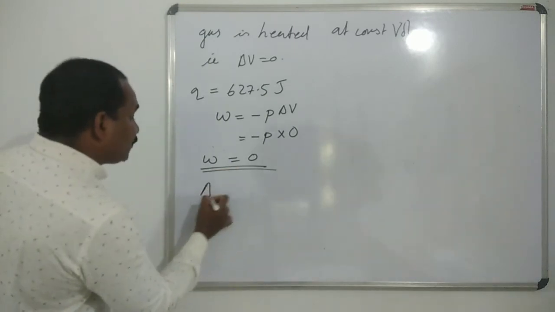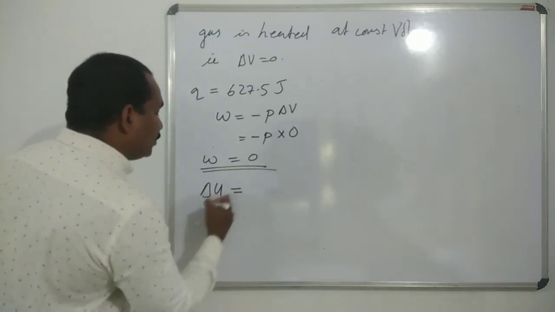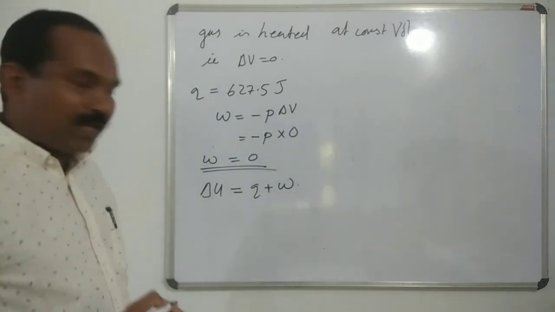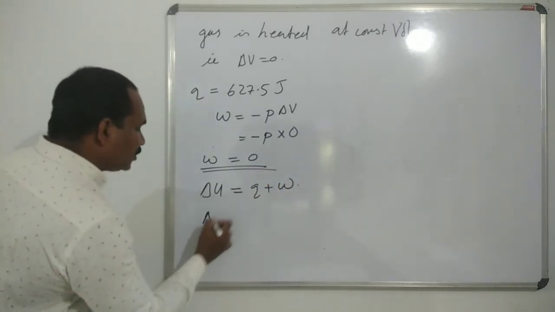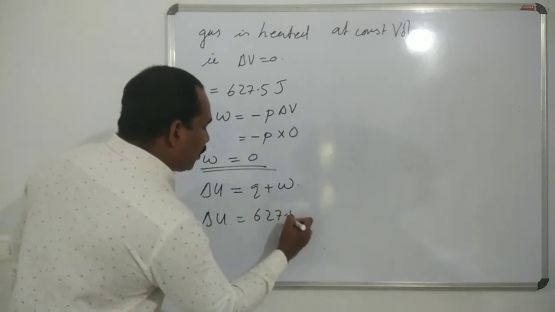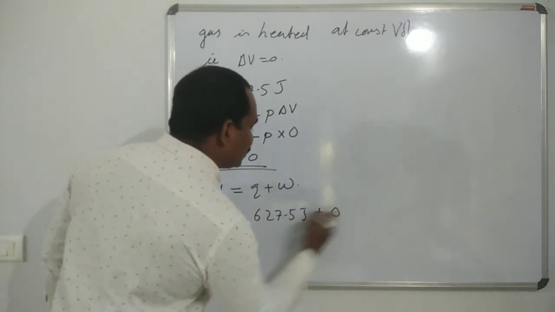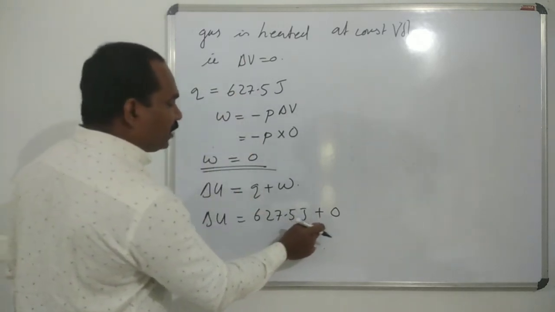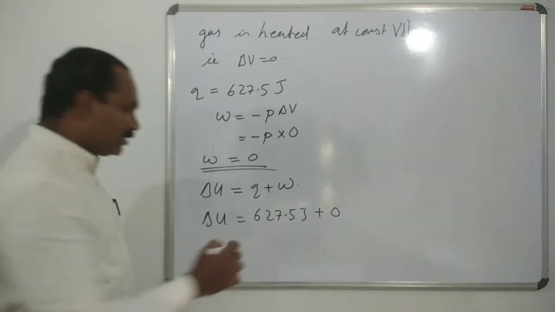Then according to first law of thermodynamics, ΔU is equal to Q plus W. So ΔU is equal to 627.5 joule plus 0.